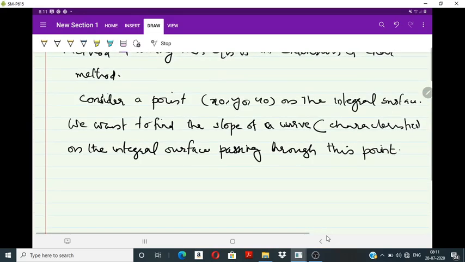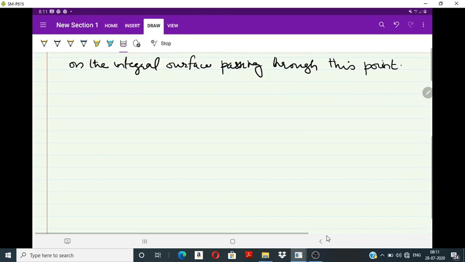So in order to find the curve, first we consider the tangent plane that passes through the point x naught, y naught, u naught to the integral surface.